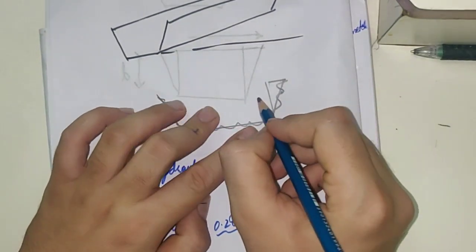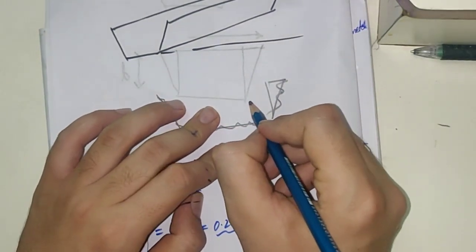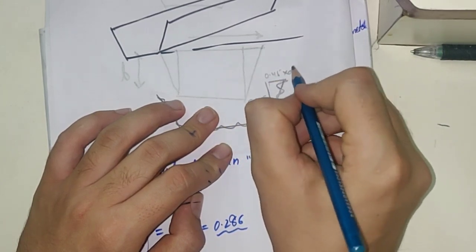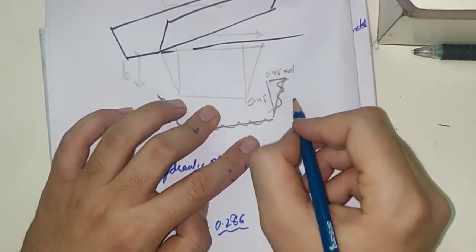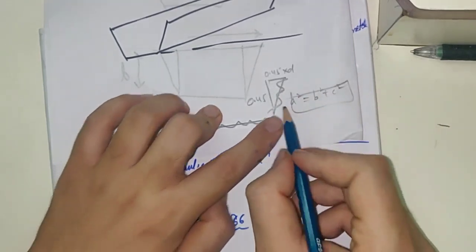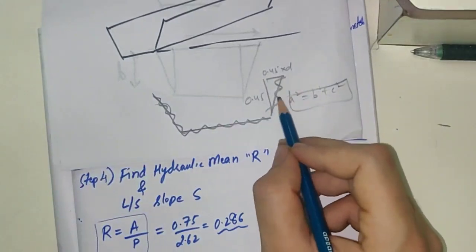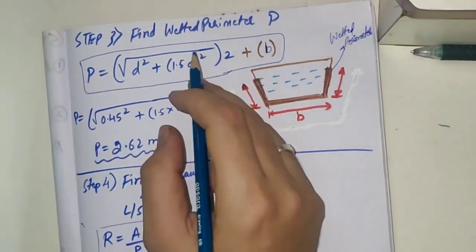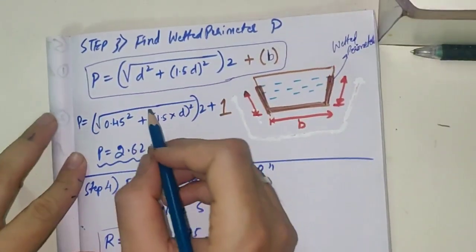So for this, what we are going to do: D is how much? 0.45, and this is 1.5 into D. How much is this? A square is equal to B square plus C square, the Pythagoras theorem, you can find out the value of this. Otherwise, directly you can use this formula, which is again derived from the Pythagoras formula only.